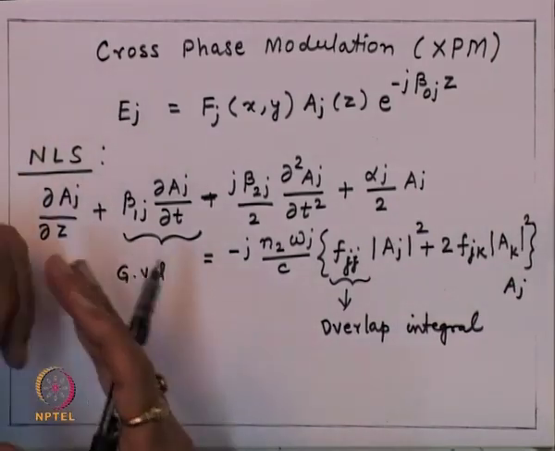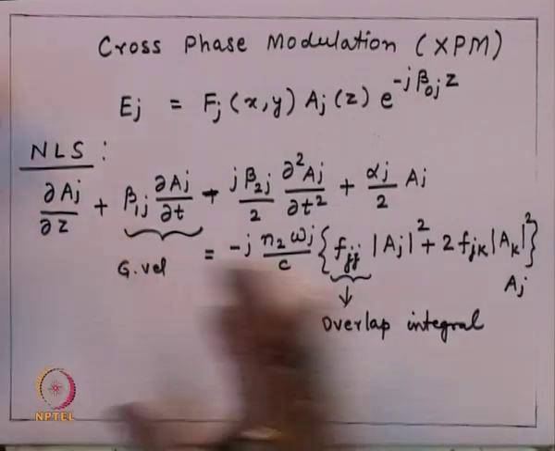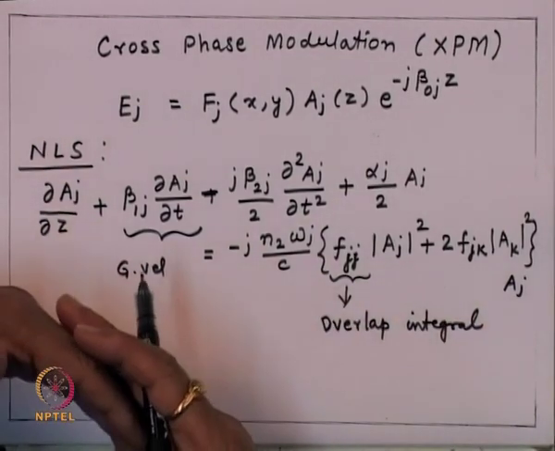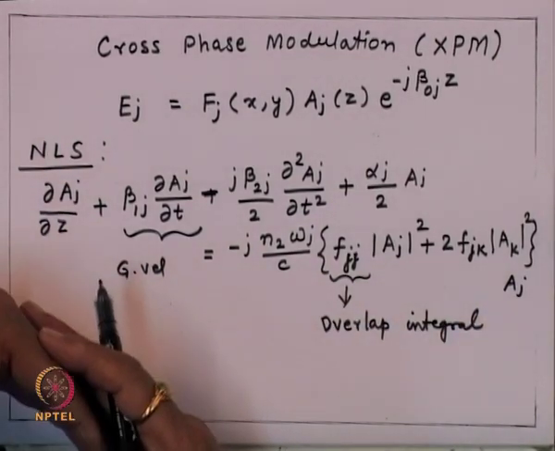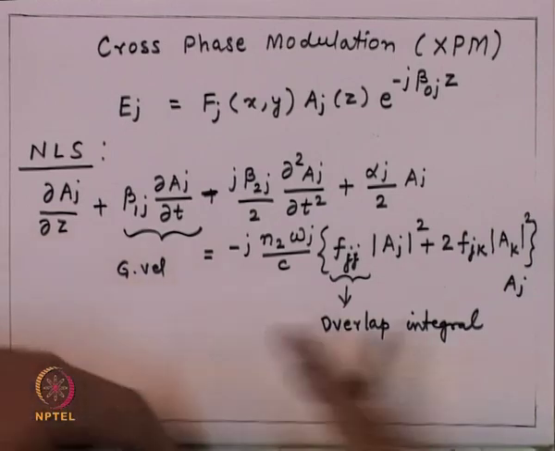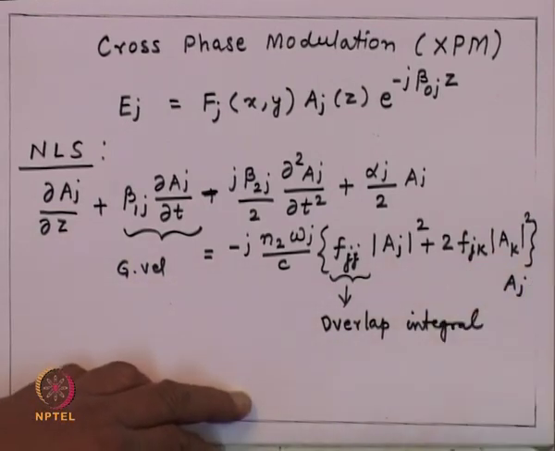So, since there are multiple signals propagating, how much overlap of the field takes place between two signals? That is captured by this quantity, what is called an overlap integral.